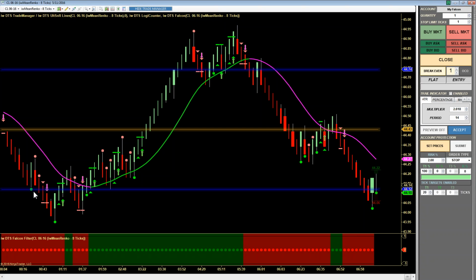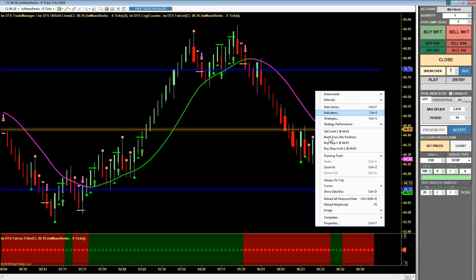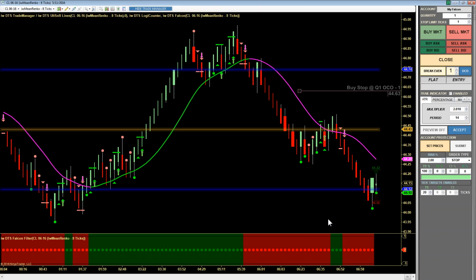Now, a lot of times what I like to do going into crude inventory is, if the market is in a little bit of congestion, I like to use the OCO function, and I like to bracket the market and buy above and sell a breakout below. These orders, by the way, when you use the OCO function, are live the moment you put them on your chart.